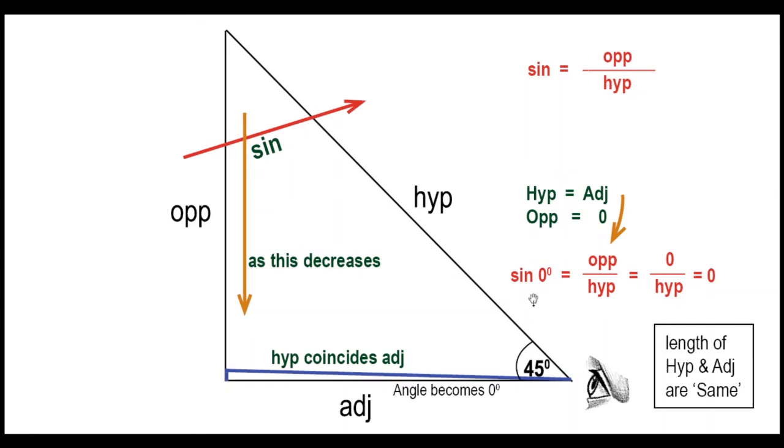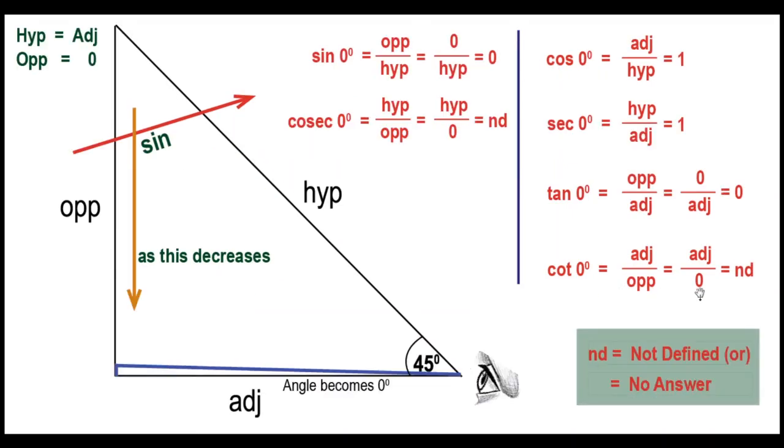So sin 0 degree is equal to opposite by hypotenuse. So 0 by hypotenuse, the answer is 0. Keeping in mind hypotenuse is equal to adjacent and opposite is equal to 0, we can get all these answers without memorizing.